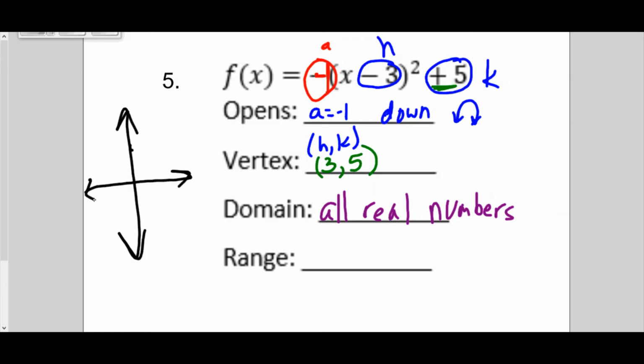So I'm going to plot my vertex, which is 3, 5. So this is 3, 5. Now, I know which way my graph opens. It opens down. So I'm going to sketch that it opens down.